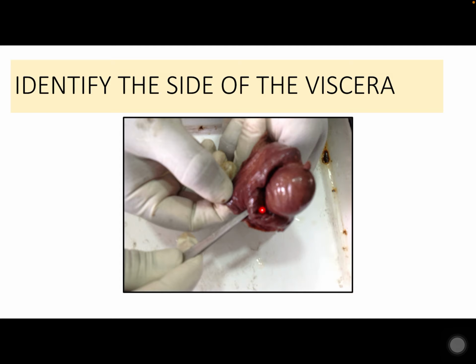So this sinus, this opening, you should keep on the lateral side, with the head of epididymis and spermatic cord in the upper end, so that you will identify the side of the testis. So this is the sinus of epididymis, which should be on the lateral surface.